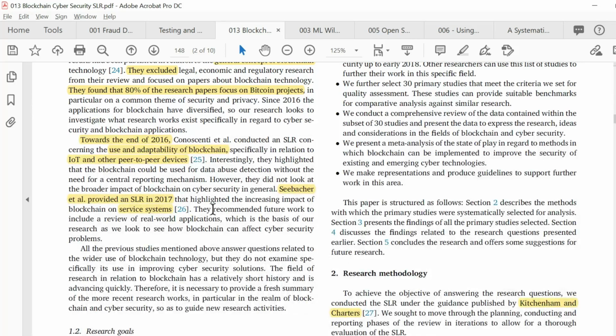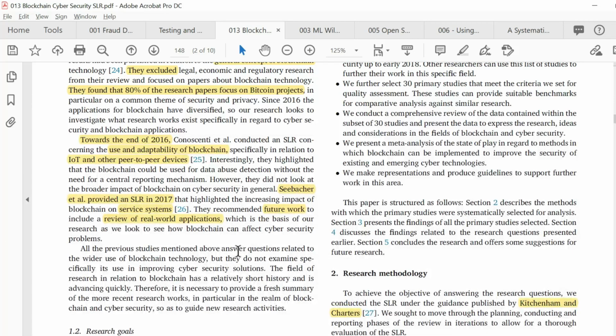They further go on to say that they recommended future work to include a review of real-world applications, which is the basis of our research. So what has happened here is the authors of this SLR have looked at the future work recommended by these people and proposed a SLR.